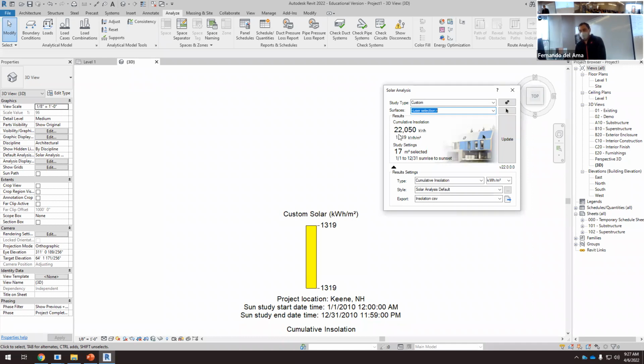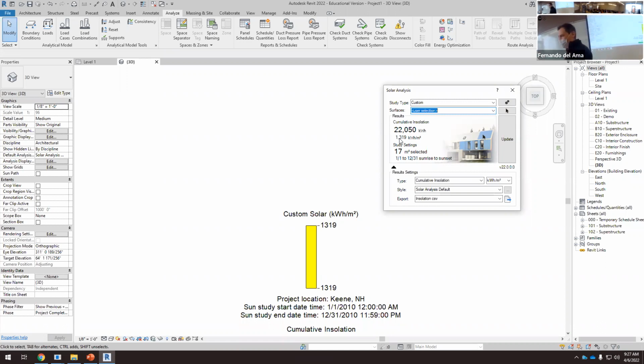The total, it's going to be 22. Well, but I'm going to use this one. Okay, so I will write down this value: 1,319 kilowatt hour per square meter.